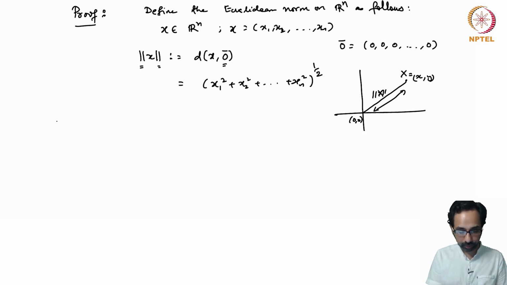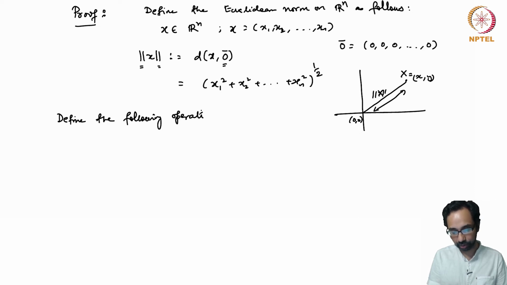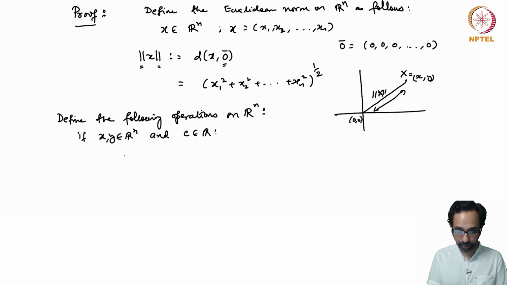Now we also define some operations on R^n. So if x and y are in R^n and c is a real number, then we define the following operations. First is the addition of two points in R^n.